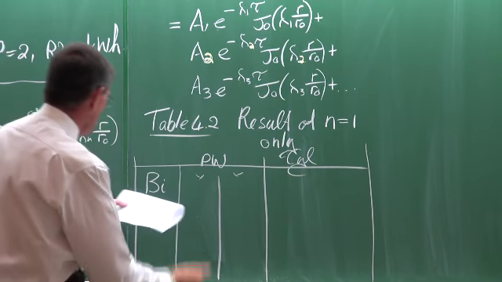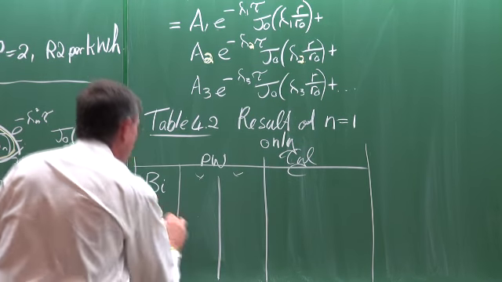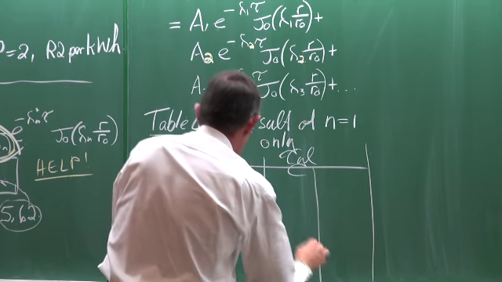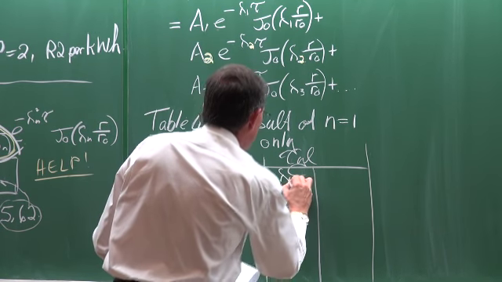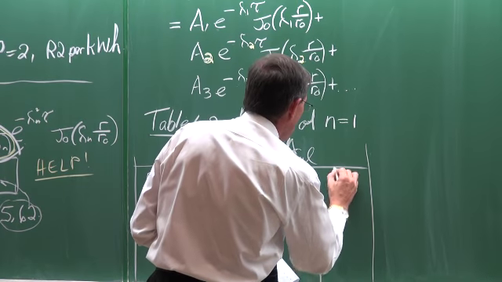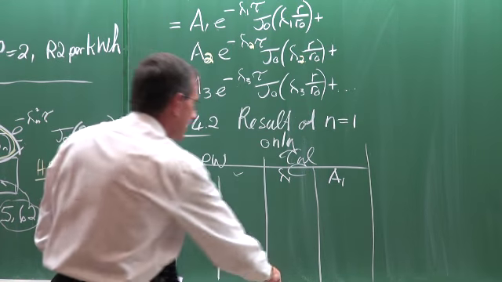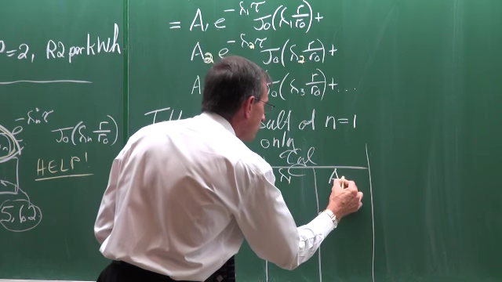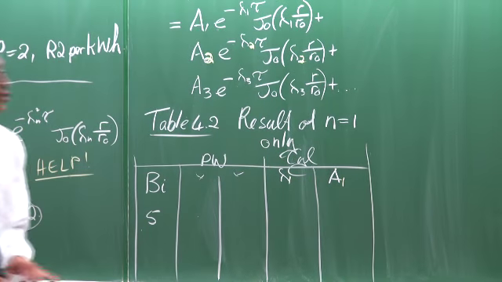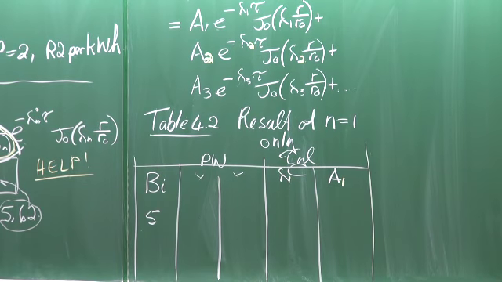Now, at a Biot number of 5, the results are given for lambda 1 and for A1. And take note, it is only for the first root of lambda 1 and the first value of A1.